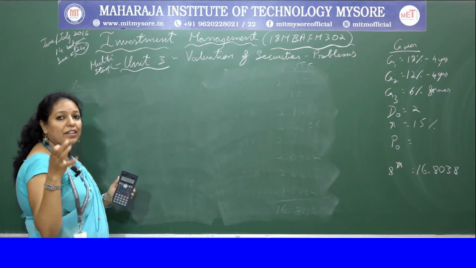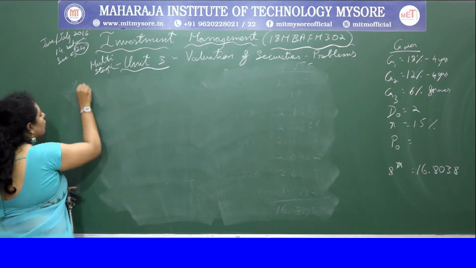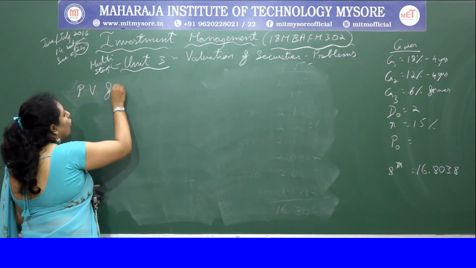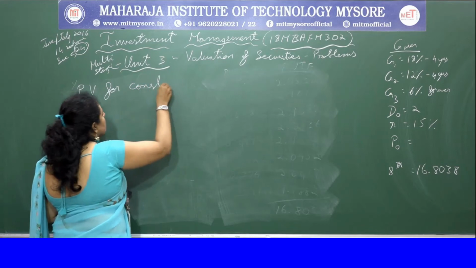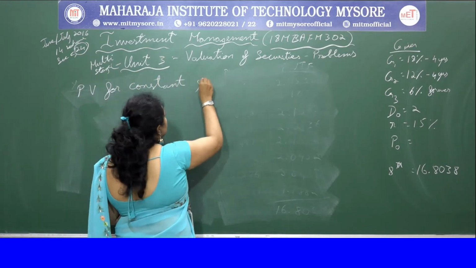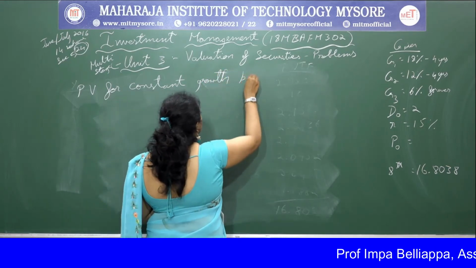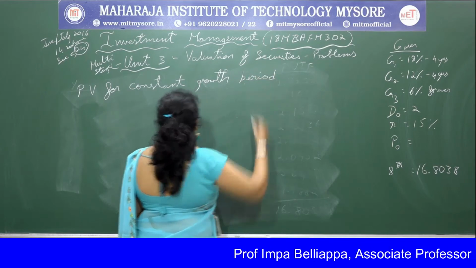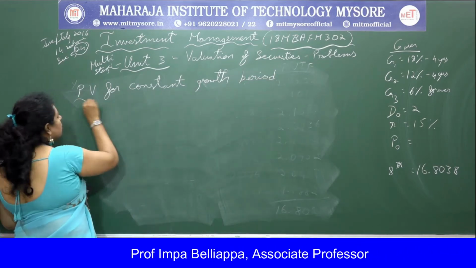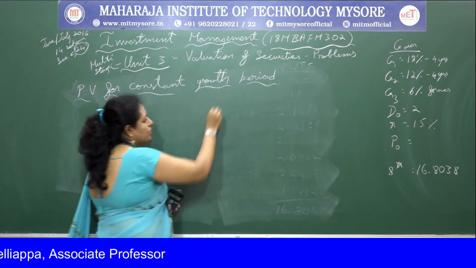Up to 8th year. Then you have to write, thereafter the percentage is 6. So next write down present value for the constant growth period. Let's calculate present value for the constant growth period.